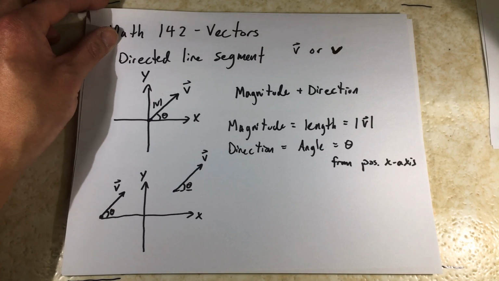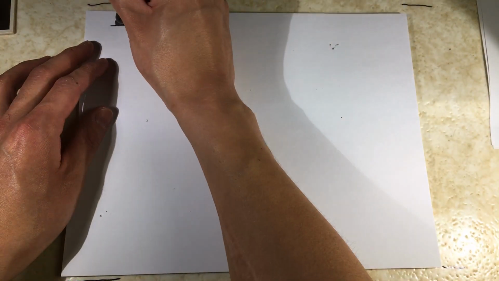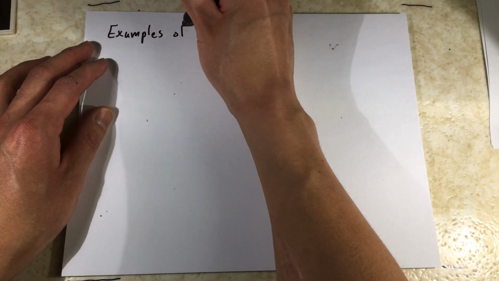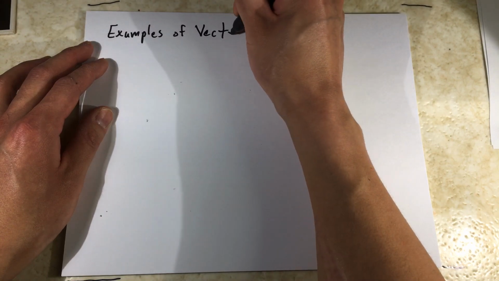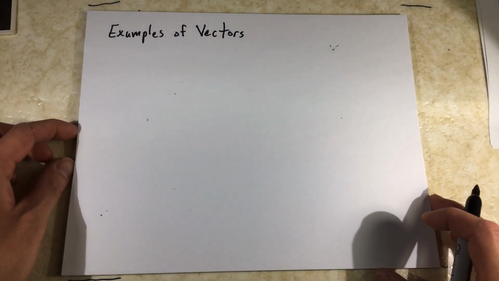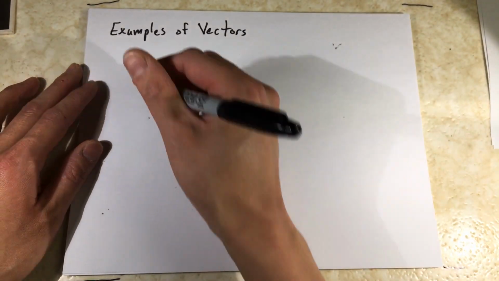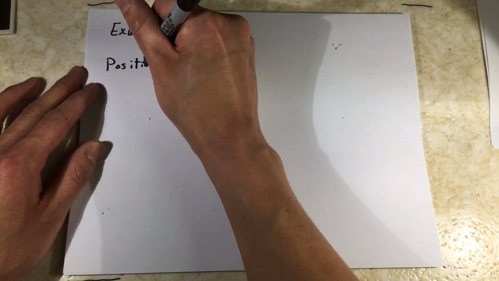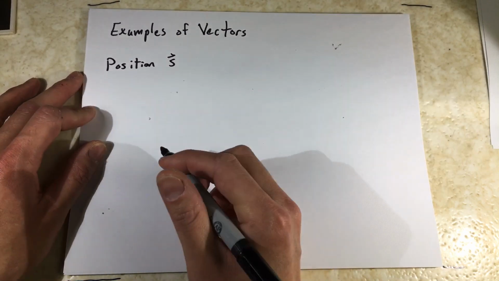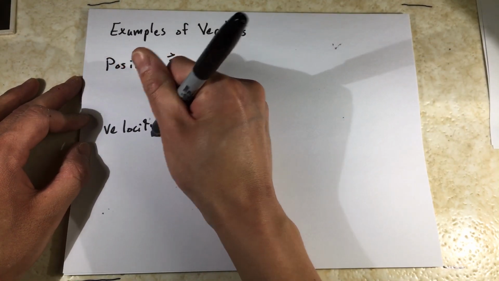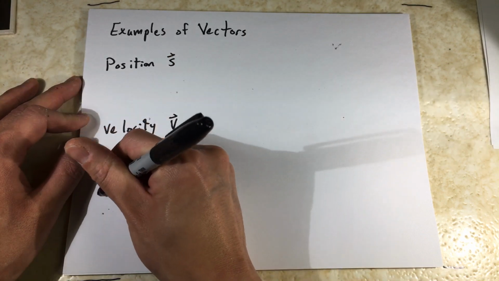Okay? All right, so I want to give you some examples of vectors. The ones that are probably the most well known are the position, that's the s vector, velocity, the v vector, and the acceleration.